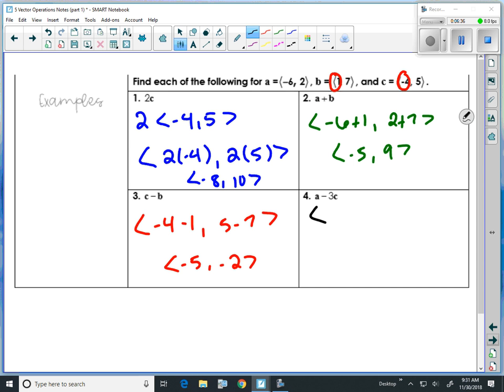So we're going to start with A. The first number in A is negative 6. So we're going to do negative 6. Okay, and what comes next in our problem here is minus 3 times C. Well, the first number in C is negative 4.